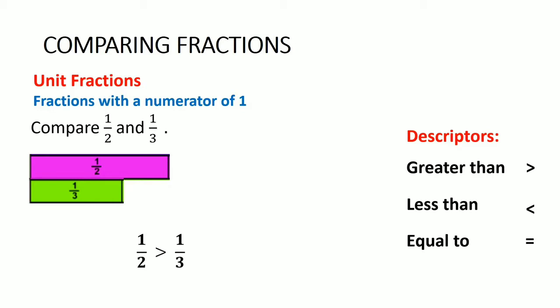We can also look at this another way. We can also see that a third is less than a half. This is because the third strip is shorter than that of the half strip. We can also do this abstractly.